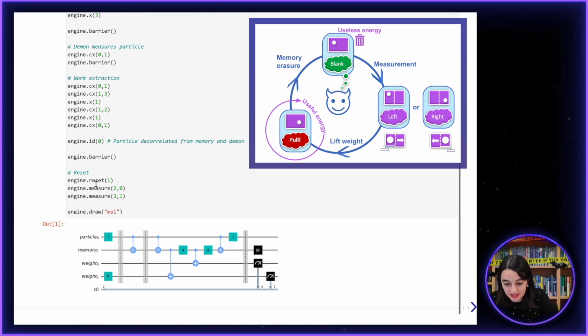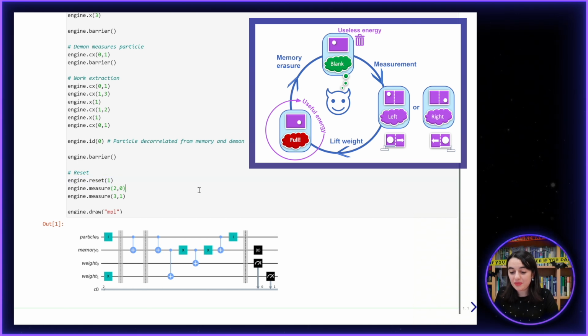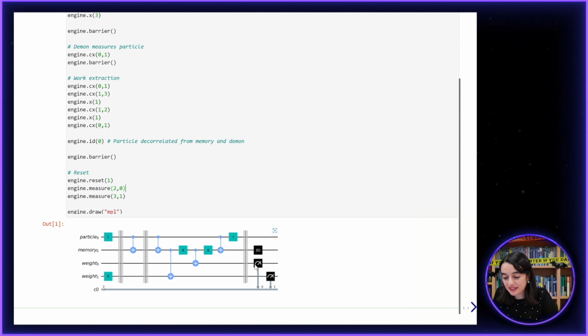So what I've done is add in the reset gate. Well, it's a reset operation because it's a non-unitary operation. And this resets the memory state back to 0 so that the memory is ready to repeat the cycle. So here I've added measurements in to the weights so we can find out whether the weight is successfully lifted by our daemon.